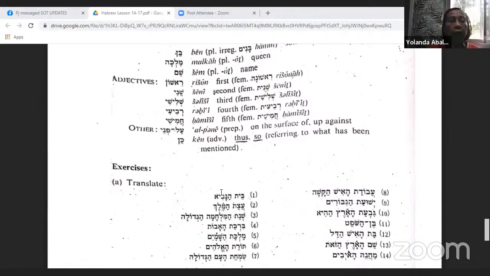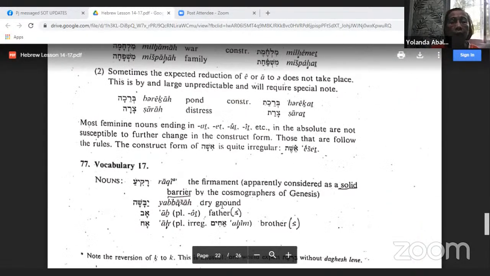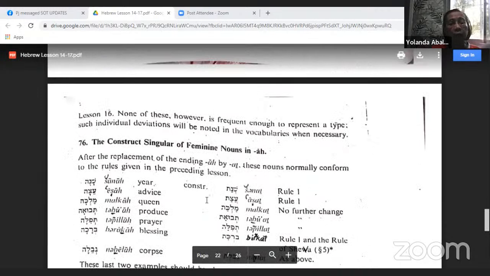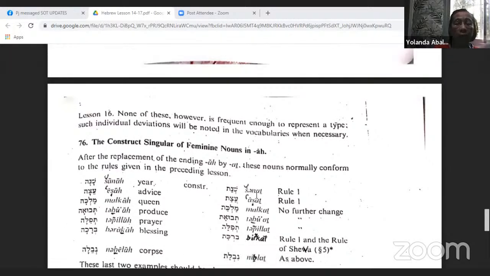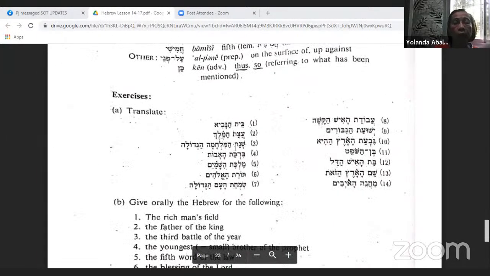What is Acha again? Acha. You see, advice. When it is constructed, it becomes Acha. So this one is in the construct form. Okay. The council of the king, or the king's council. The prophet's house. The king's council.